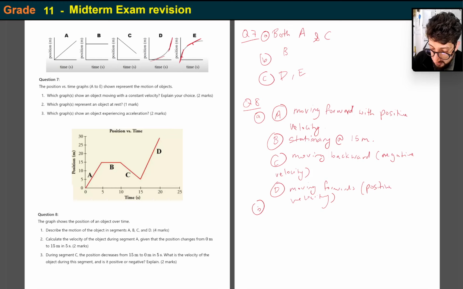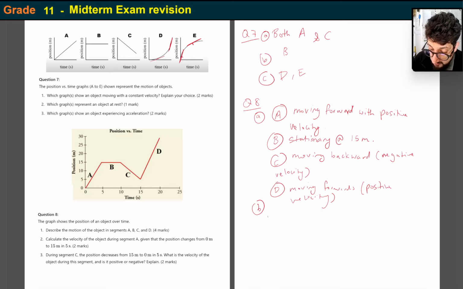Part B. Calculate the velocity of the object during segment A, given that the position changes from 0 to 15 meters in 5 seconds. So they want us to calculate the velocity in segment A, and we should already know, hopefully, that the velocity is going to be equal to the slope. So it's going to be rise over run.